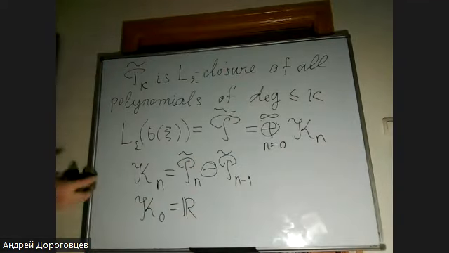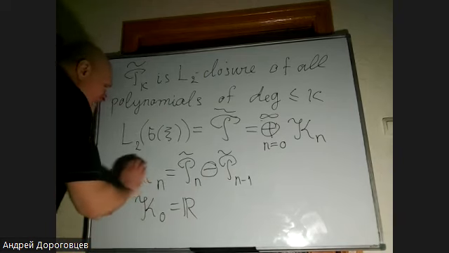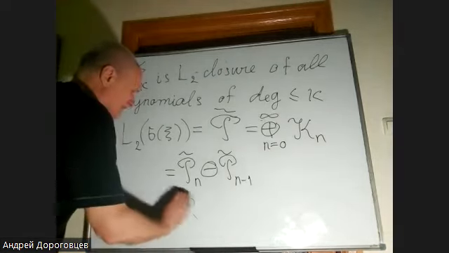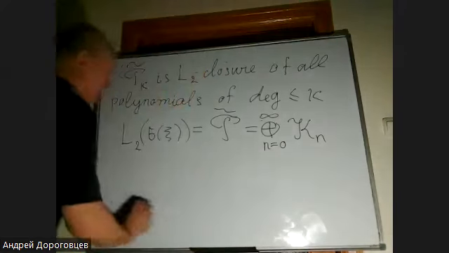And now, what are the summands in the chaotic expansion of a random variable alpha?